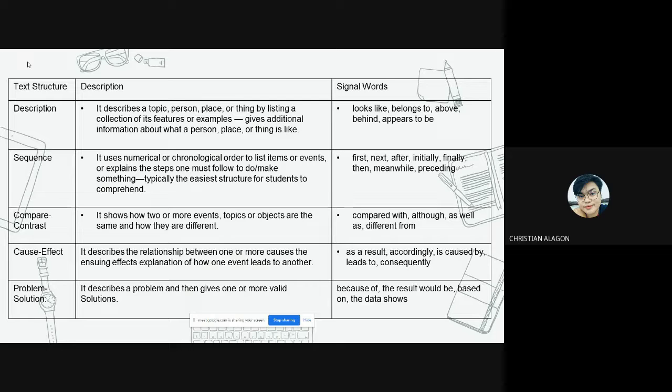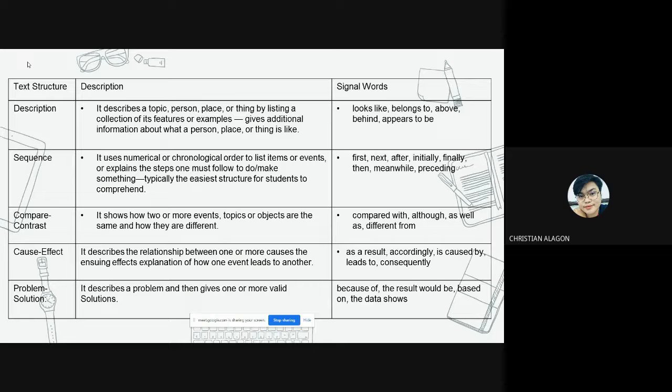We have compare and contrast. It shows how two or more events, topics, or objects are the same and how they are different, the similarities and differences of a particular idea. The signal words are compared with, although, as well as, before, from. And we have cause and effect. It describes the relationship between one or more causes and the effect, explaining how one event leads to another.